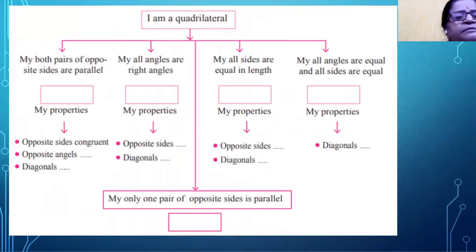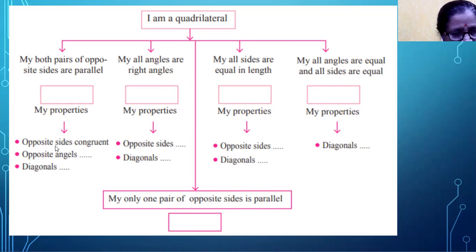Here some figures are given. I am a quadrilateral, so some properties are given here. Both pairs of my opposite sides are parallel. When opposite sides are parallel, then here we have to fill in parallelogram.